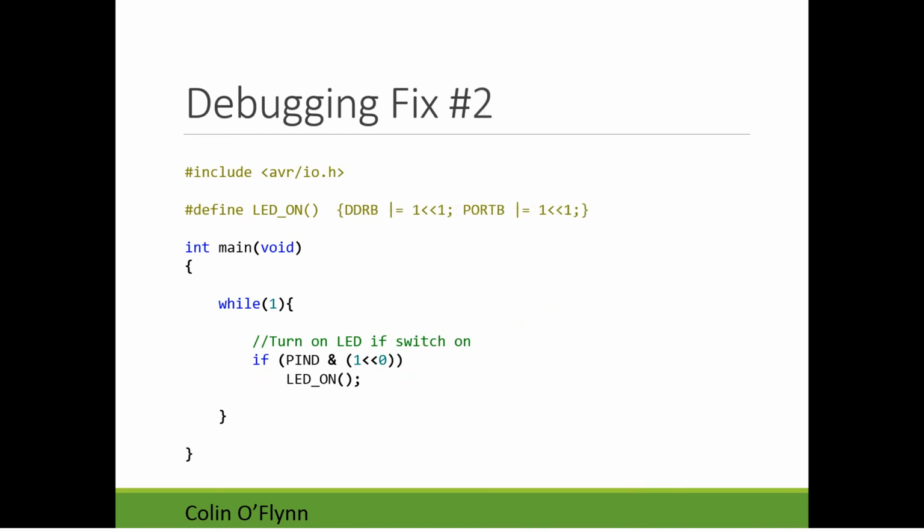Of course, you could do both of these: add these brackets right to the macro. This way, no matter how the user, which is you, uses that macro, it's going to be pulled in with the brackets constraining it, so the whole thing is treated as one statement. So that's the second fix to that really simple bug.